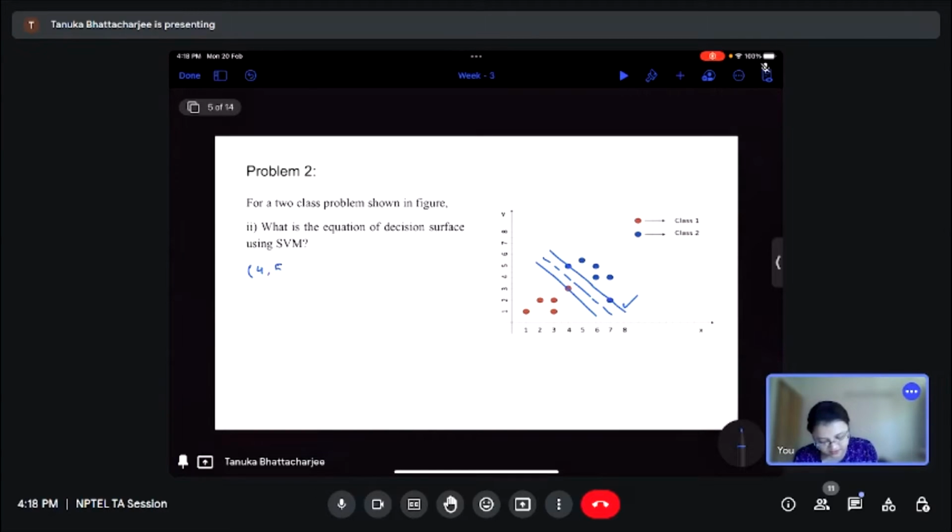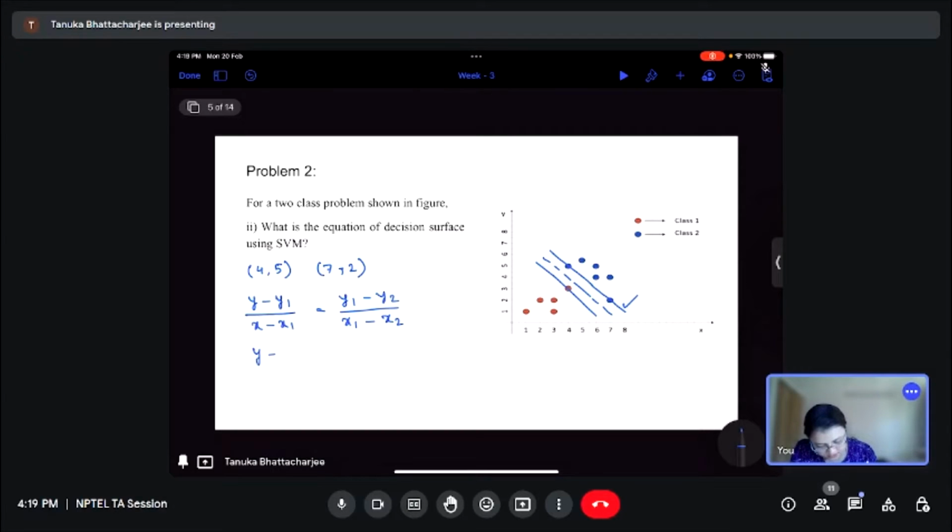First, for the boundary of class 2, this is basically a straight line which passes through 4, 5 and 7, 2. Simply we can use the formula of a straight line, which is given as (y minus y1) by (x minus x1) equals (y1 minus y2) by (x1 minus x2). We can simply use this formula and use x1, y1 as 4, 5 and x2, y2 as 7, 2 to determine the equation of the boundary for class 2.